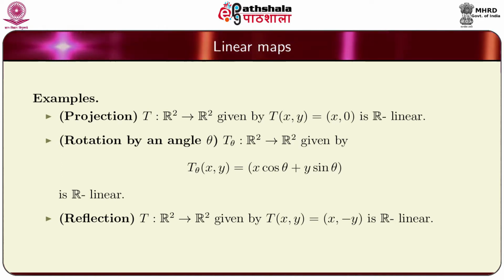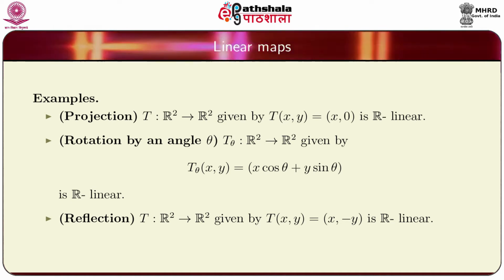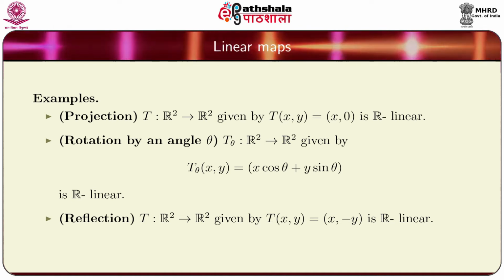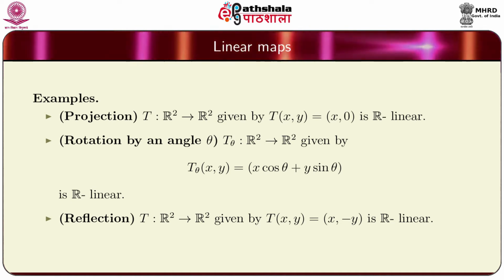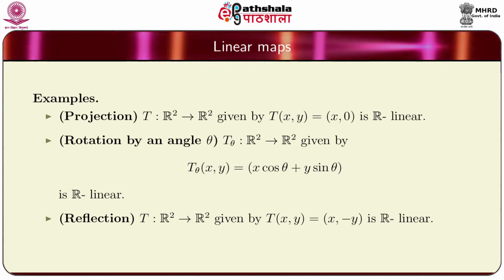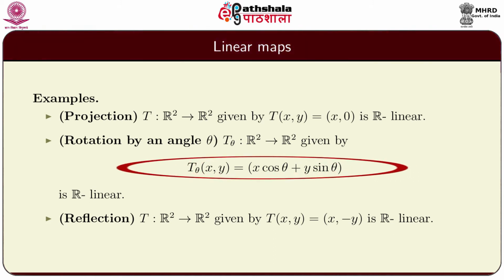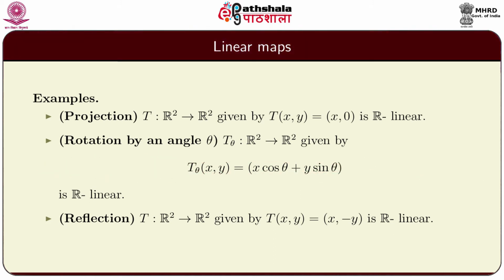The next example is the rotation by an angle theta. We denote it by T_theta, and this is a linear operator on the vector space R^2 given by T_theta(x, y) = (x cos theta - y sin theta, x sin theta + y cos theta). This is also R-linear.